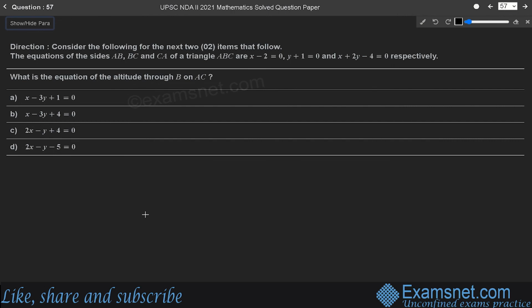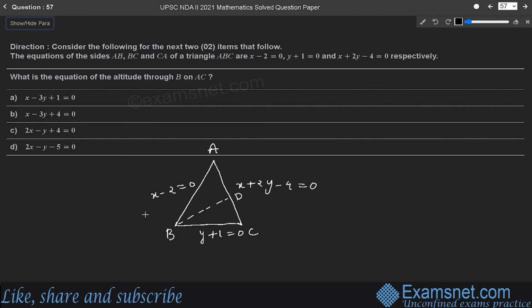First, let us make the required diagram for this question. Let this be the triangle ABC. According to the question, this side is x − 2 = 0, this is x + 2y − 4 = 0 and this is y + 1 = 0. And this will be BD.